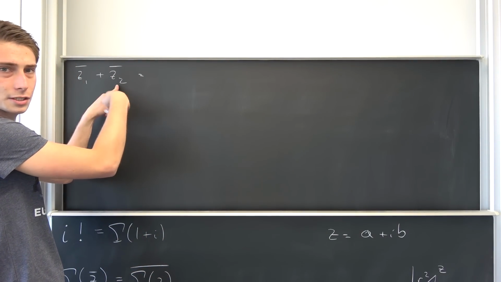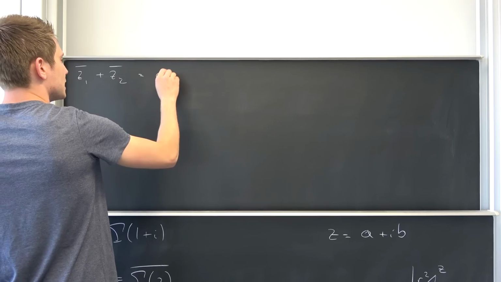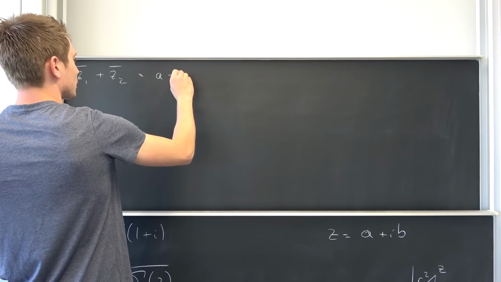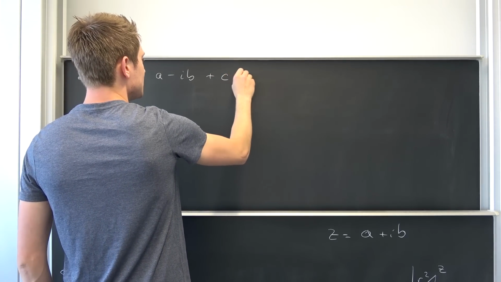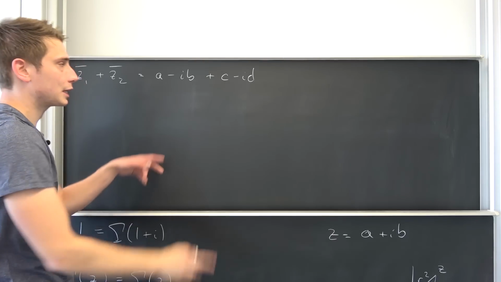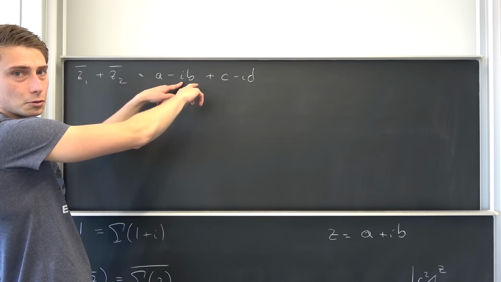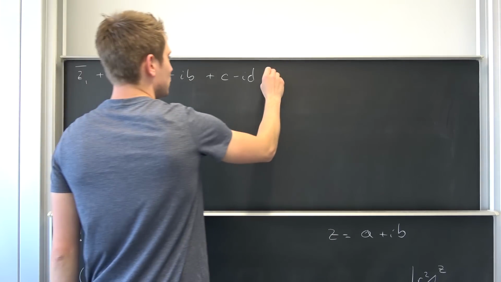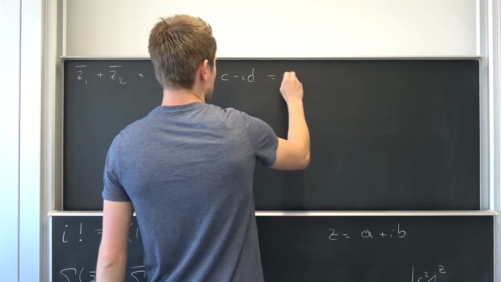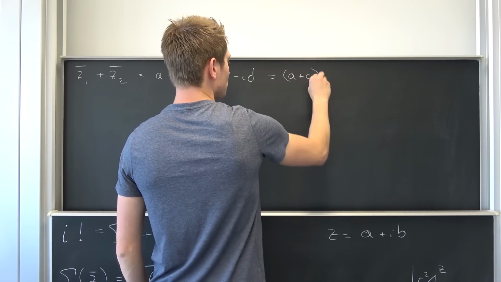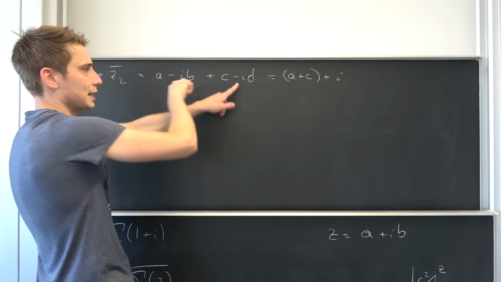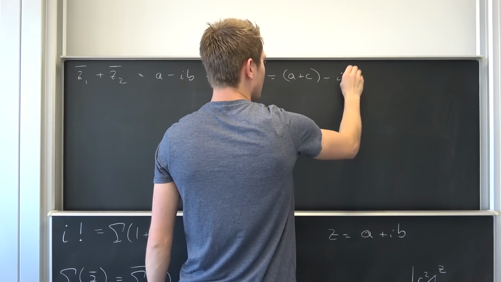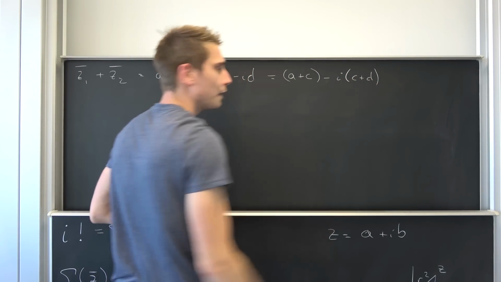Taking the conjugate is going to give us a negative sign, so this is a minus I times b plus c minus I times d. We can actually factor out the I on both parts, collect real and imaginary part, leaving us with a plus c plus, okay, we can also factor out the negative sign, so negative I times b plus d.